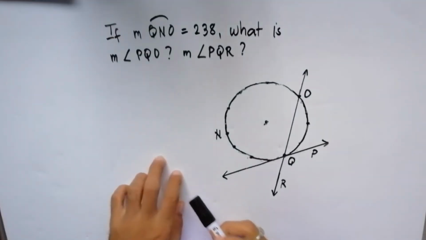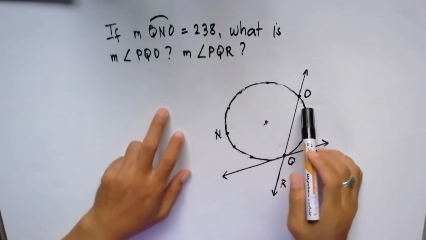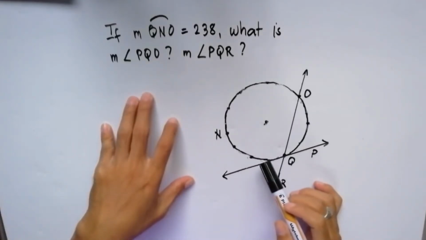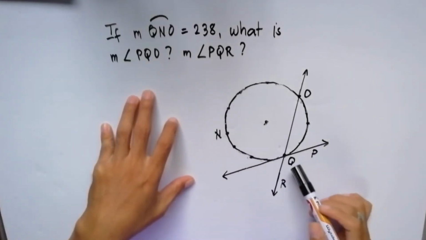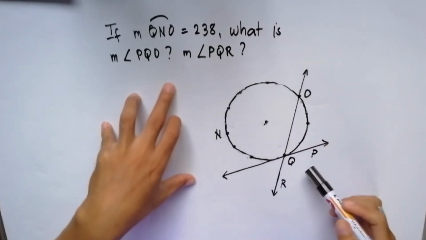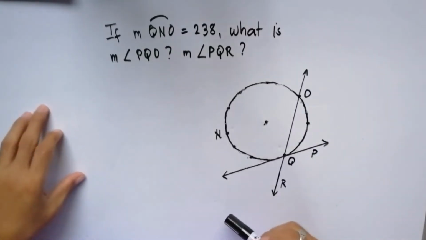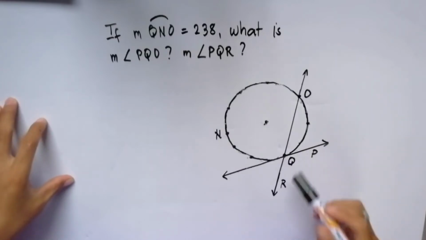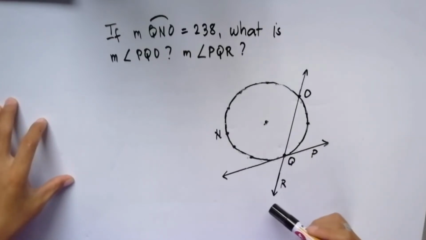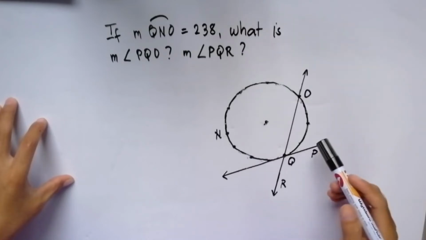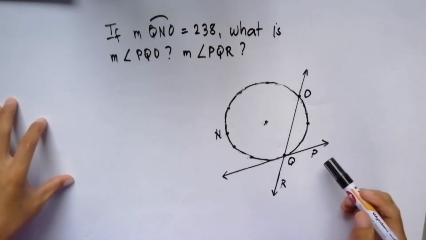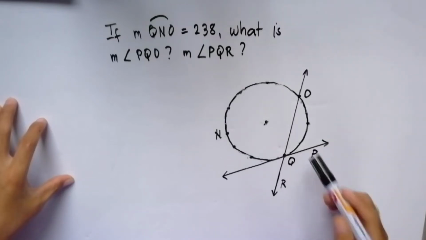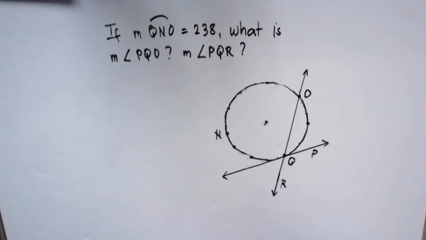If the measure of arc QPO is 238, what is the measure of PQO and the measure of PQR? Okay, so the measure of this PQO is equal to 1/2 of its intercepted arc. Since arc QO is unknown, we have to find first the measure of this arc.